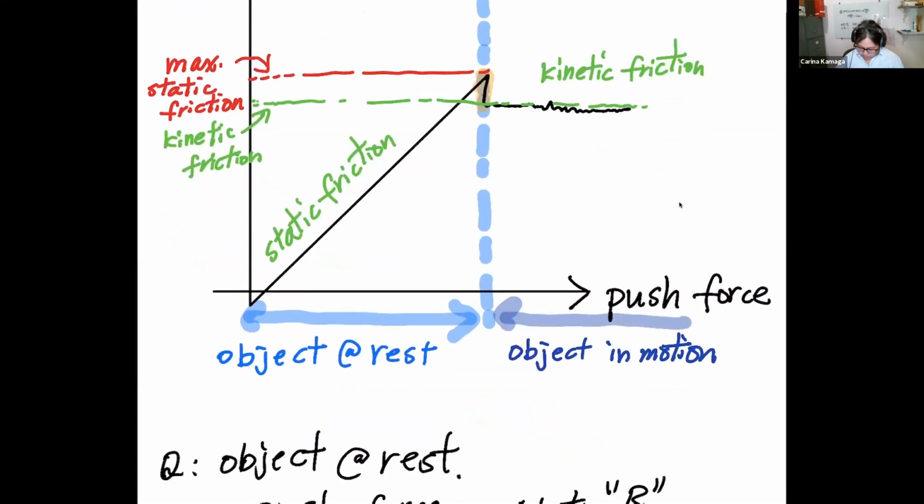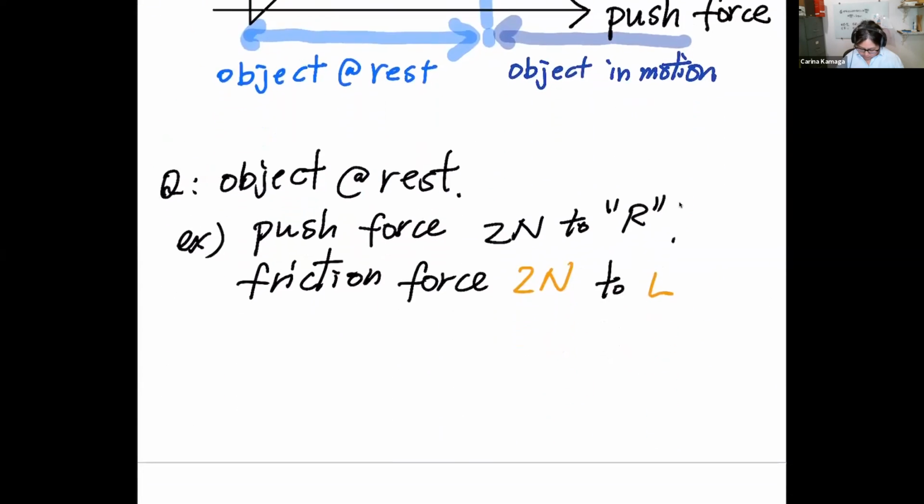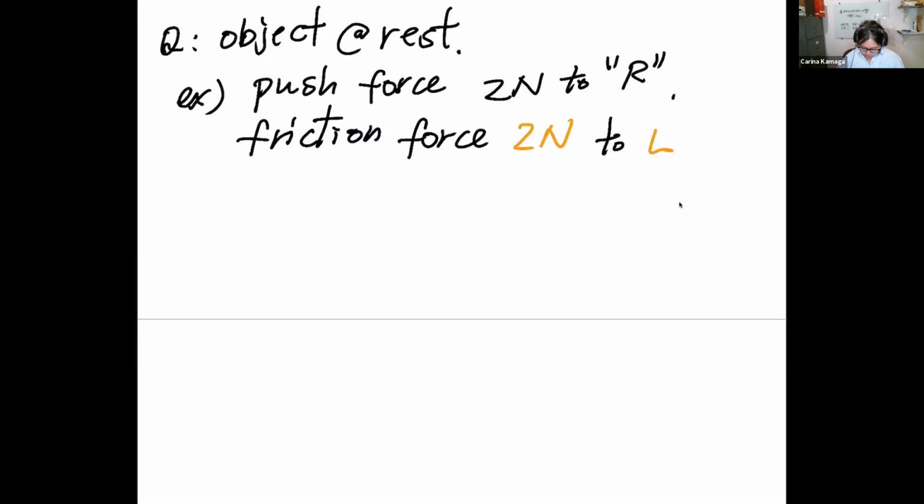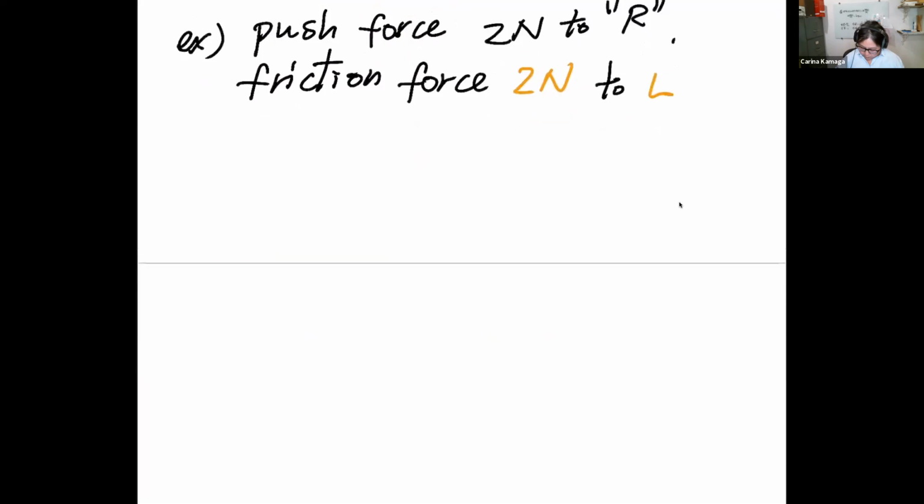So let's just write it here. There are two kinds of friction. One is called static friction. For static friction, the object is at rest.